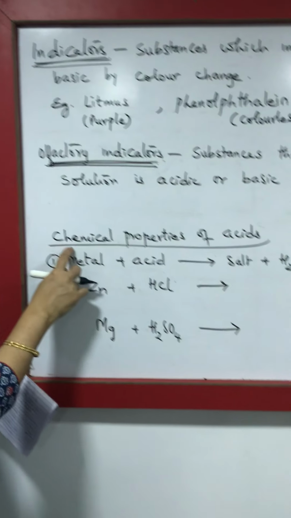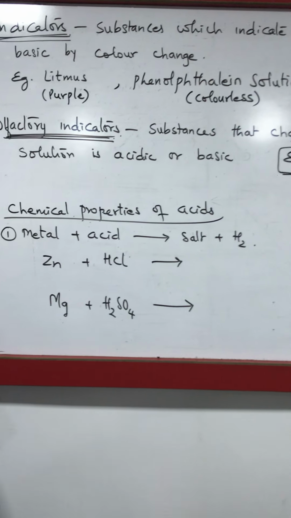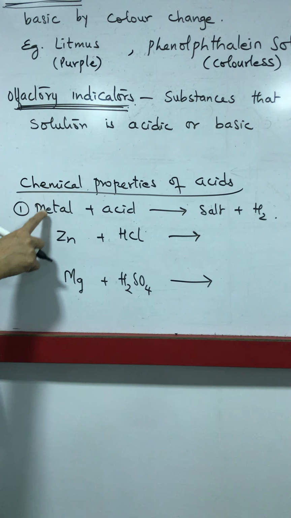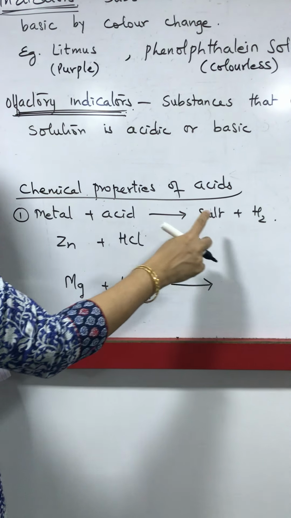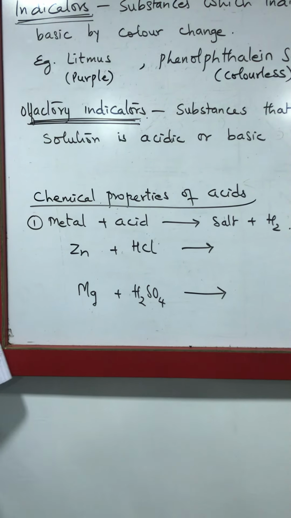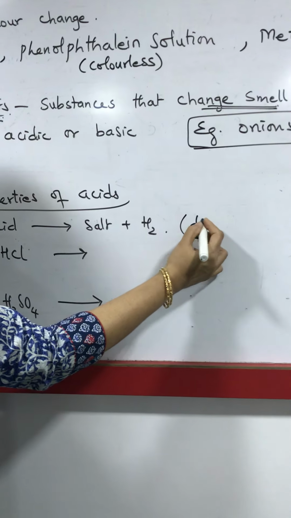Let us now study certain chemical properties of acids. First property that we are studying is metal plus acid will give us salt and hydrogen gas. This is a displacement reaction.